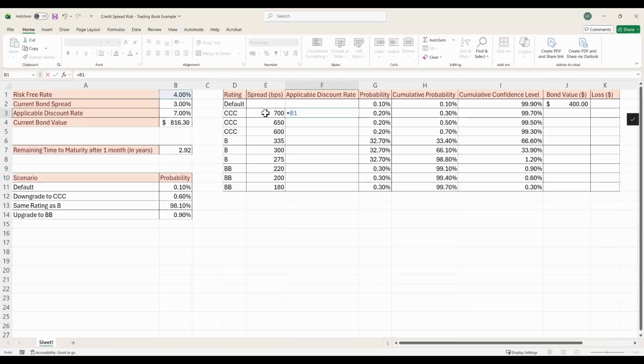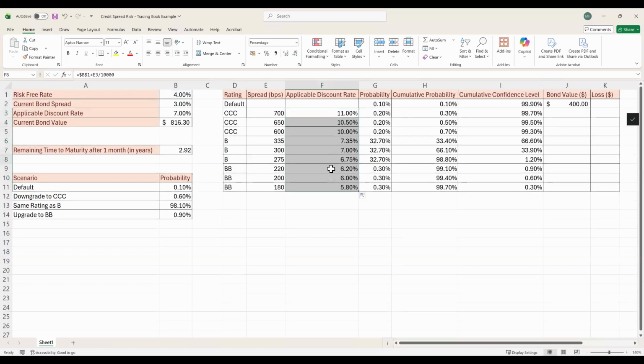So in effect we are dividing by 100 twice, so basically we are dividing it by 10,000 to get 0.07. So E3 divided by 10,000. Also, I have to be careful that for this B1, since I'm going to use the same risk-free rate in every single entry after this, I'll press F4 over here so that I fix it. Okay, so this is 11%, and correspondingly all the applicable discount rates are calculated like this. Now let us come to bond value.